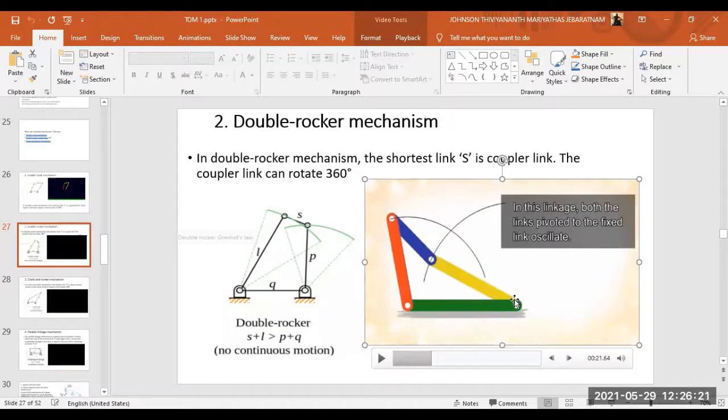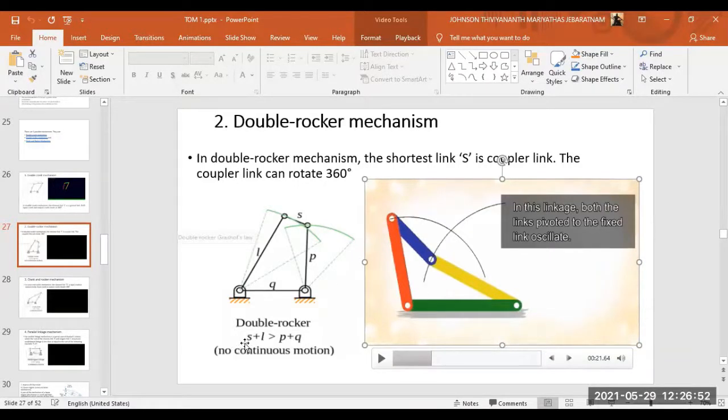Both the links pivoted to the fixed link oscillate. Why? Because this one can't go beyond this, since this is the maximum length, and this one can't go to the other side either. Only within this range can it exhibit motion. This is why it creates a double rocker mechanism.